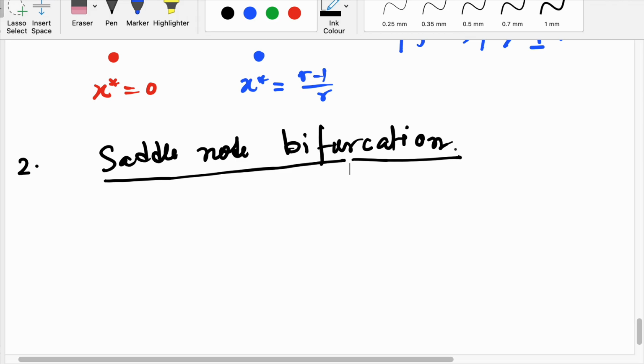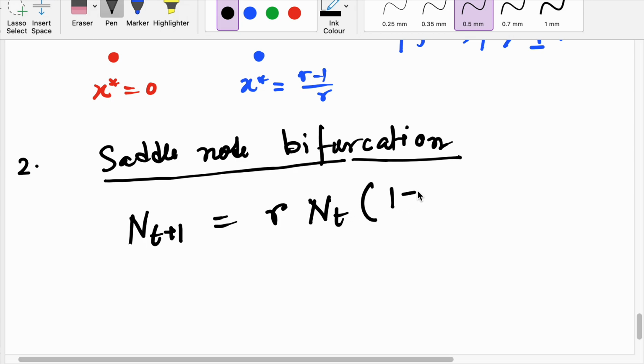So as in the previous case, what we have seen, if I write the equation in terms of like this, N(t+1) is r N(t) (1 - N(t)/K).